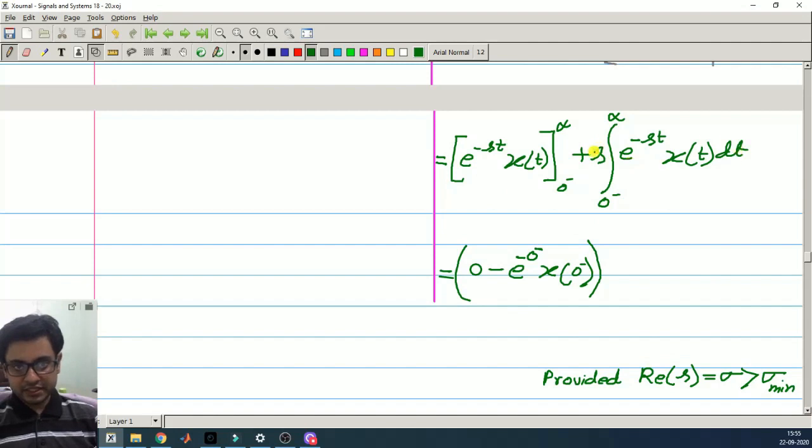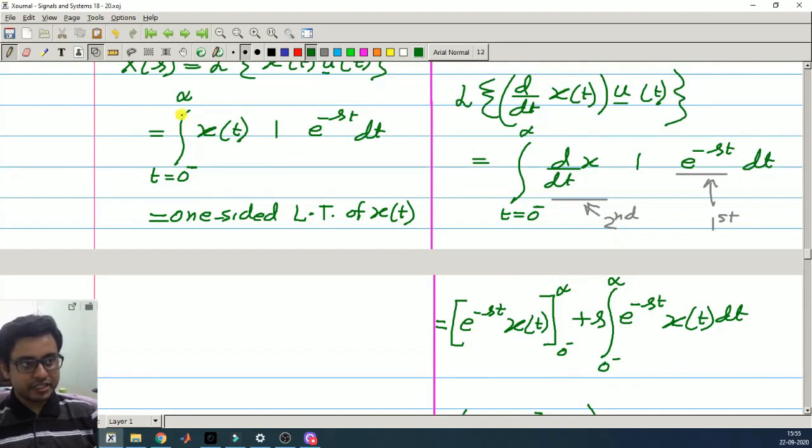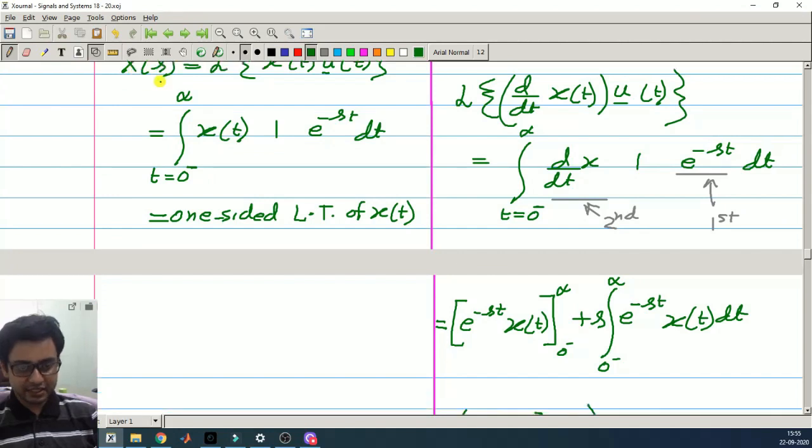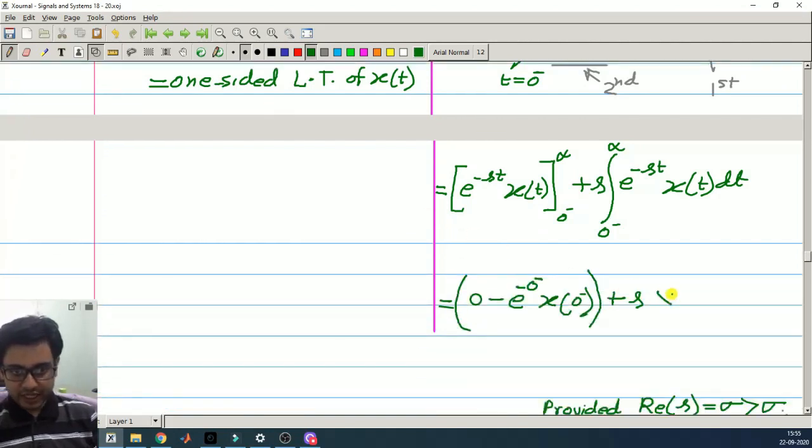Then this integration plus s as it is, and this integration, you see, it is given here. And this is equal to capital XS, which is given.